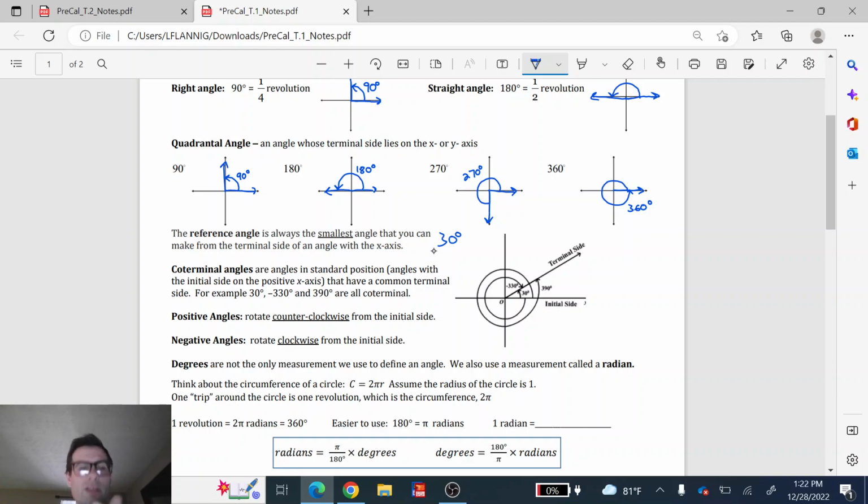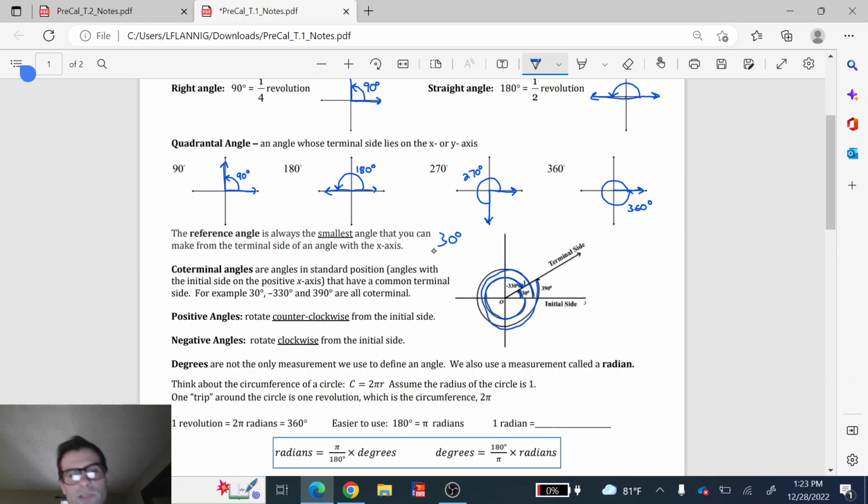For example, right here, 30 degrees is a coterminal angle, but also if we go all the way around, that's 390 degrees. That's also a coterminal angle. And if you go in a negative direction, so if I start and go clockwise instead, that would take me to a negative 330 degree angle. Coterminal angles are just different kinds of angles to get to the exact same point.